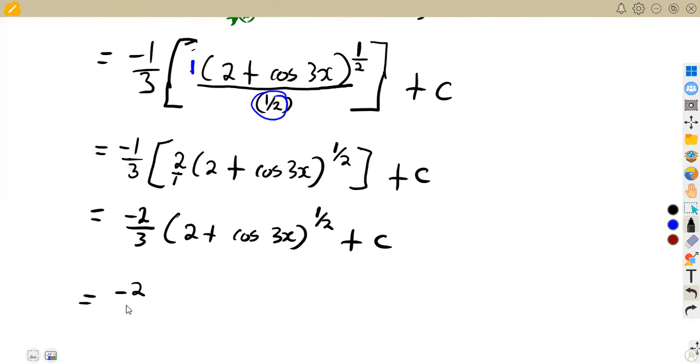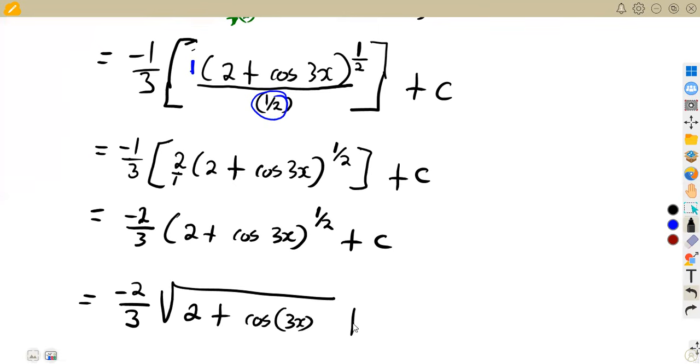So we can have this as minus 2 over 3, the square root of everything, which is 2 plus the cosine of 3x in this case, plus the constant of integration. Here, these 3 you can just put in brackets if you want, but I can even leave it like that. All right, so that was how we're supposed to obtain our exact solution from this concept.